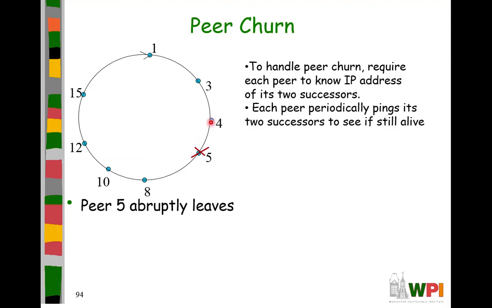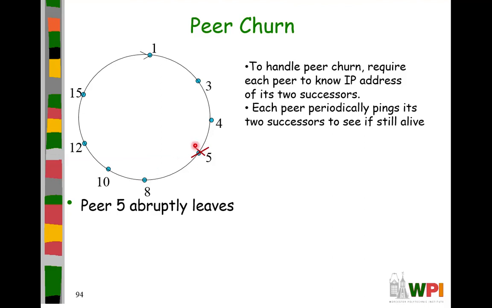In this case, each peer shares its predecessor and successor with its neighbors. For example, 5 shares its successor 8 with its neighbor 4. So 4 comes to know that after 5 there is 8.